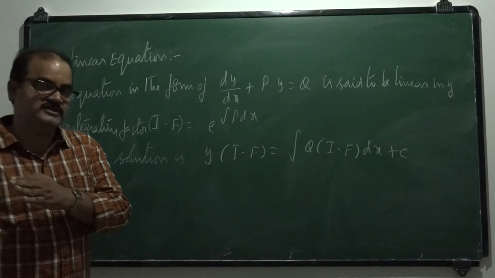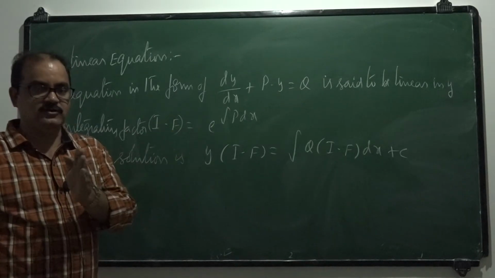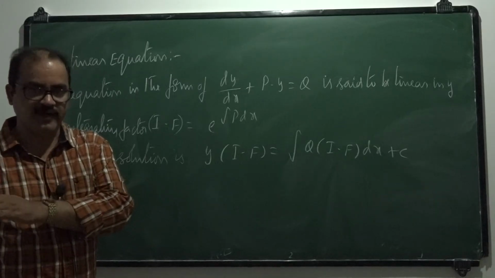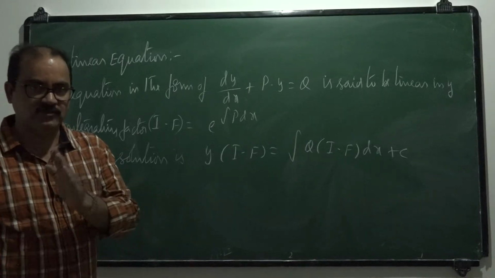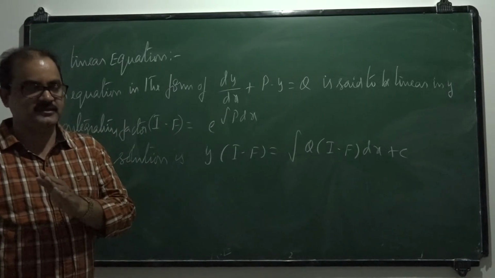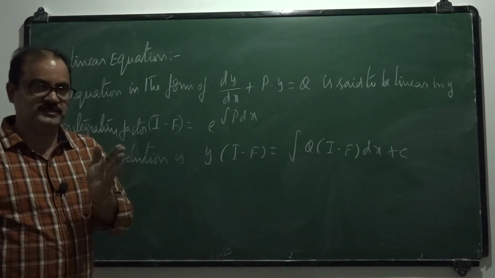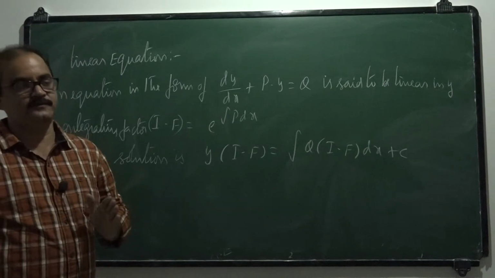When it is homogeneous, it is in the form of dy by dx is equal to some function in terms of y by x or x by y. If it is homogeneous, by using some substitution, convert that differential equation into variables separable.